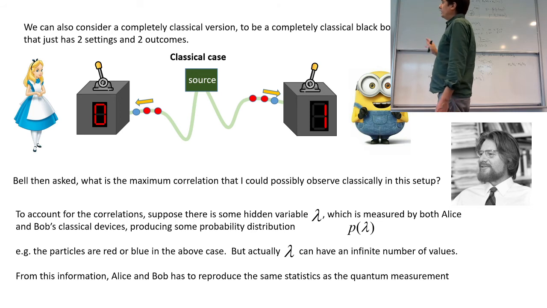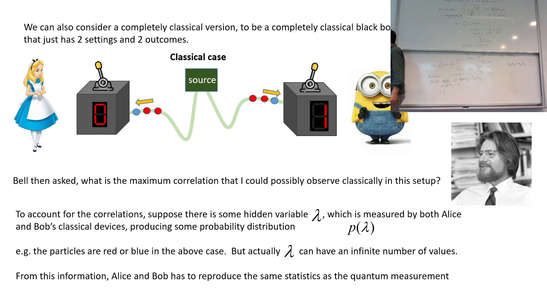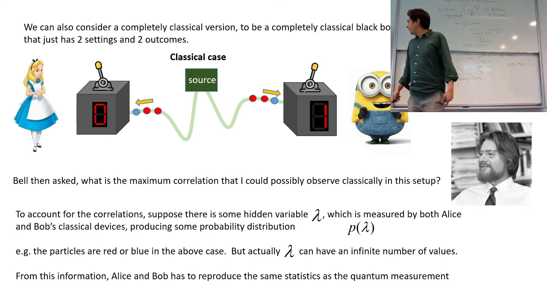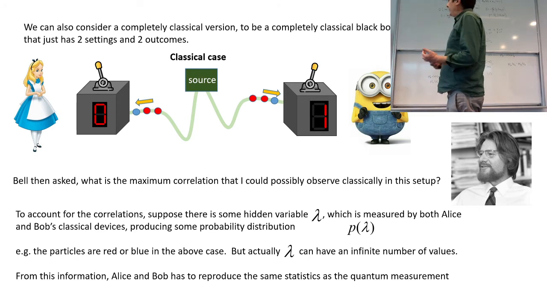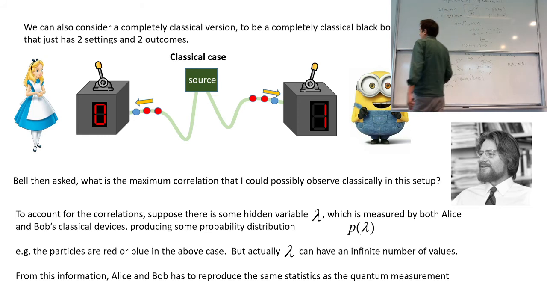So we can also consider kind of a classical version of this exact same setup. Imagine we've got some source here sending out blue or red, maybe balls or something. It's a box with just two settings, and the readout is always 1 or 0 in this case. So basically this is what Bell did.